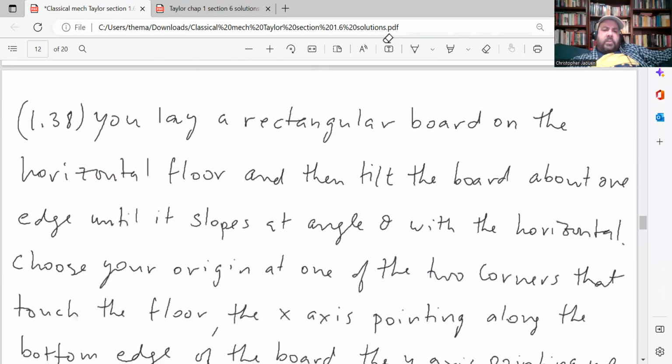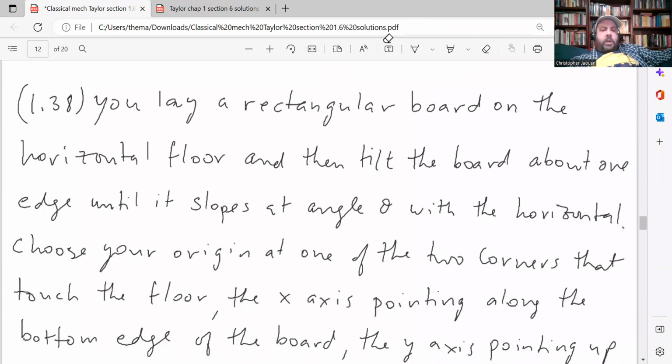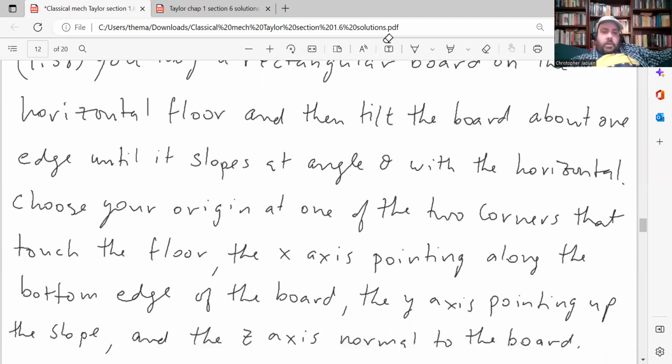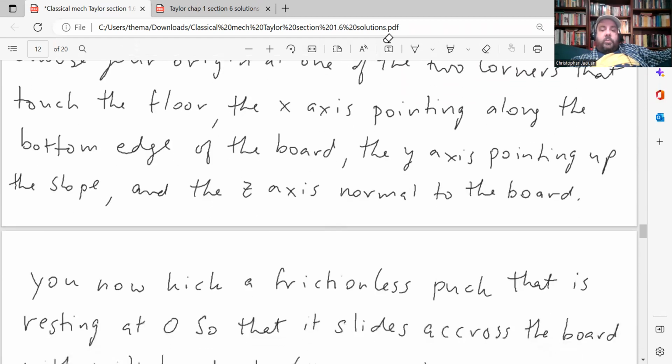138 is another inclined plane problem. You lay a rectangular board on the horizontal floor and then tilt the board about one edge until it slopes at an angle theta with the horizontal. Choose your origin at one of the two corners that touch the floor, the x-axis pointing along the bottom edge of the board, the y-axis pointing up the slope, and the z-axis normal to the board.